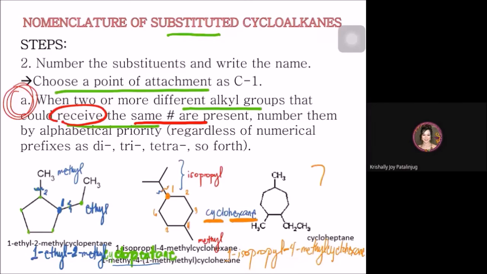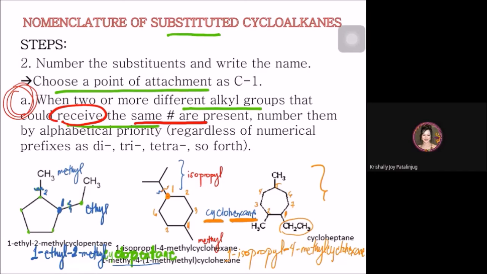For this one, you just continue; the concept is still the same. First is the carbon with the ethyl group. This is carbon 1, then 2, 3, 4, 5, 6, 7. But if you try to change the numbering, if you analyze it, this other carbon could also be carbon 1.